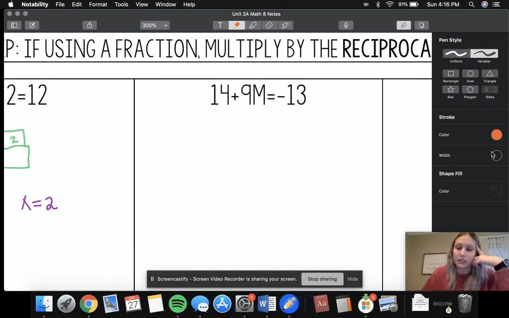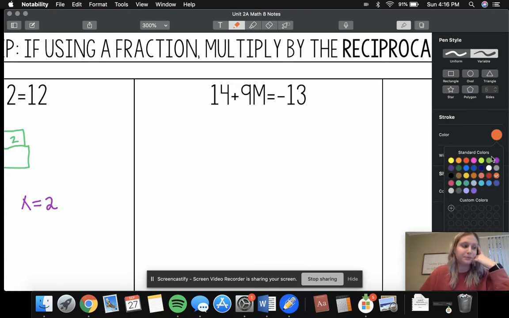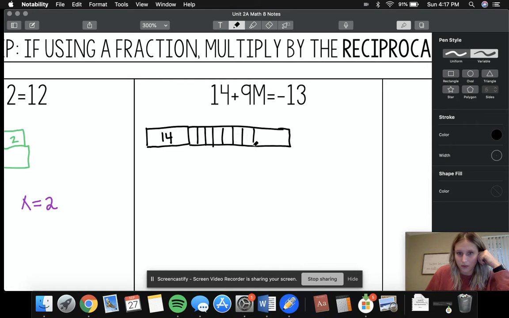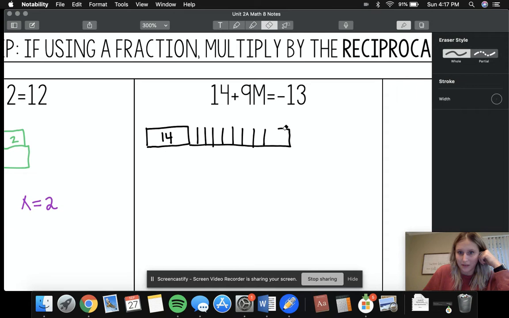Okay, so we have 14 plus 9m's, and that equals negative 13. All right, so again, I'm going to draw a picture just to kind of help me out. Okay, so this is 14. And I'm going to just draw out 9m's. 1, 2, 3, 4, 5, 6, 7, 8, 9.